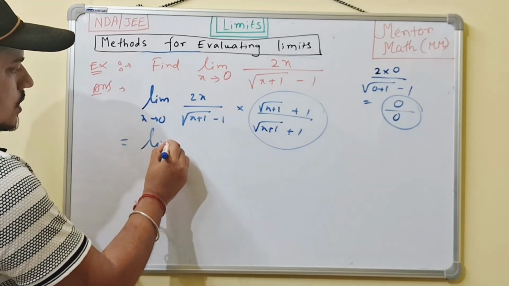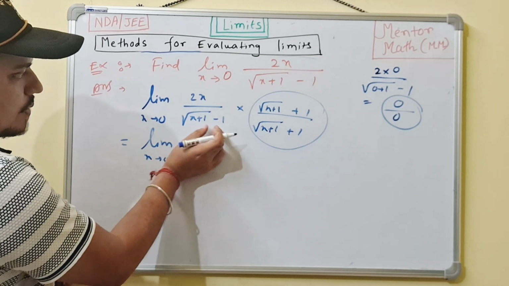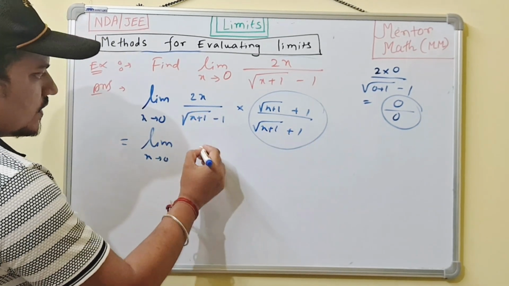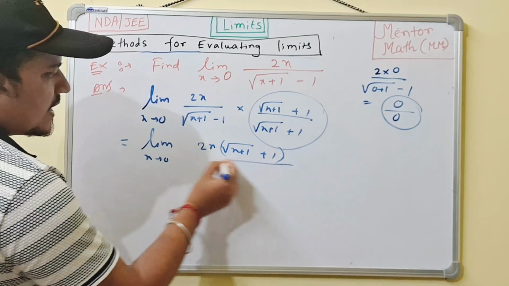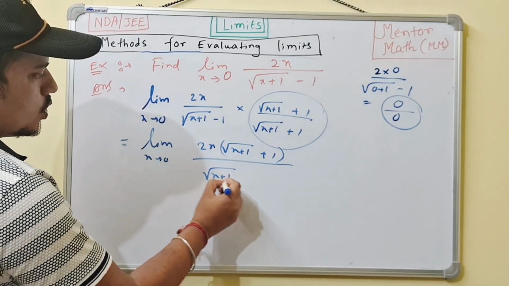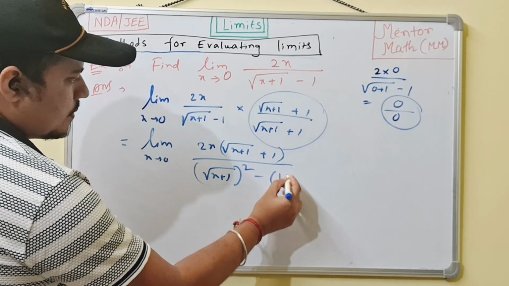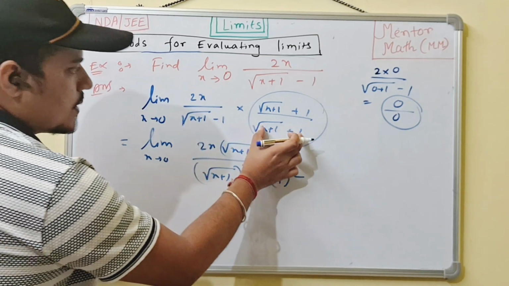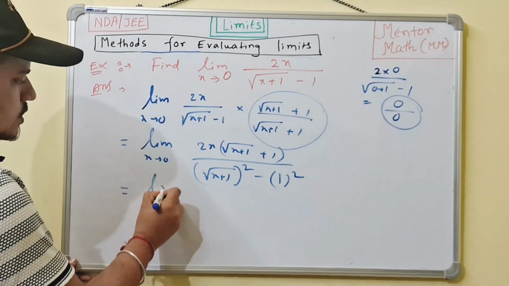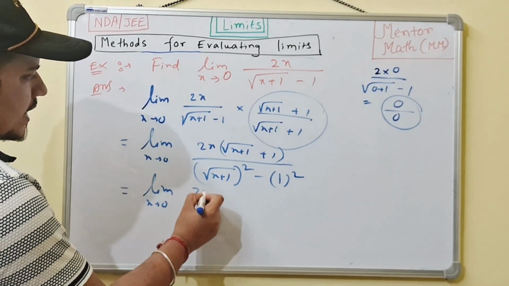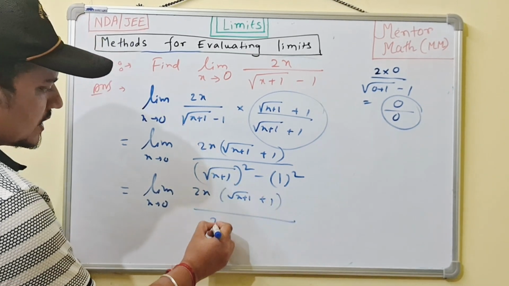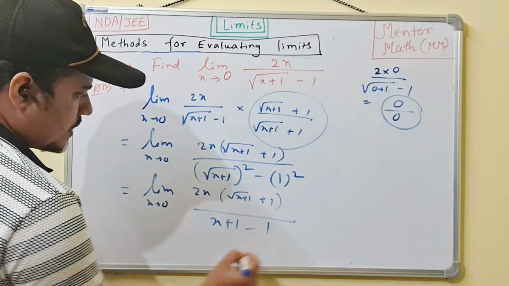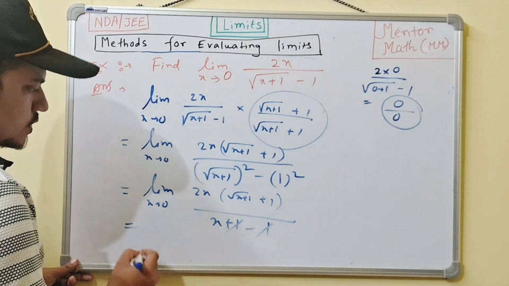Now comes to the formula, this is a minus b into a plus b. Obviously you know that the form is a square minus b square. So you got the value (root under x plus 1) whole square minus 1 square, a minus b into a plus b. Okay, so limit x tends to 0, that is 2x (root x plus 1 plus 1), the root cancels with the square, x plus 1 minus 1, so plus 1 minus 1 cancel.